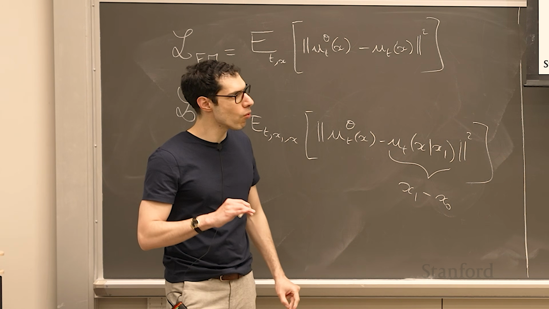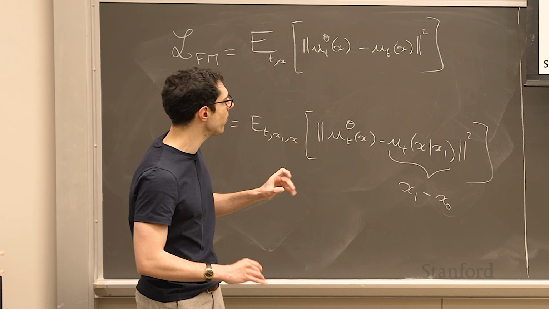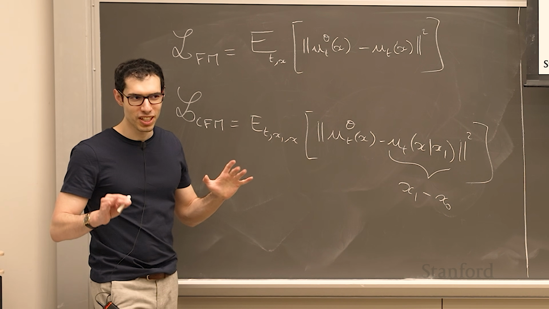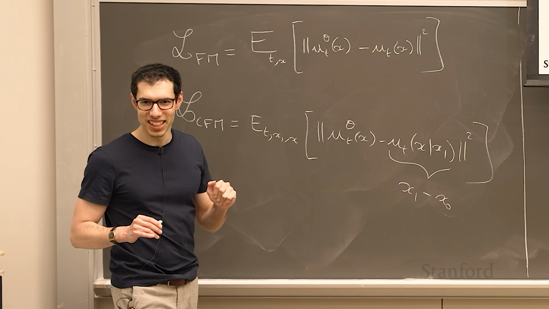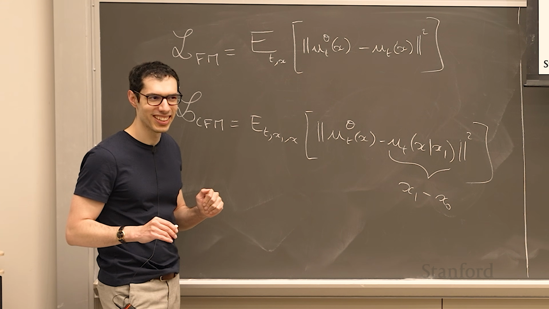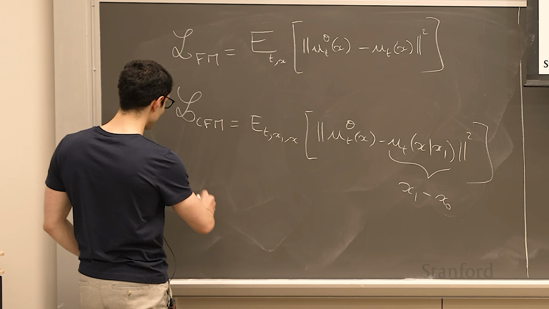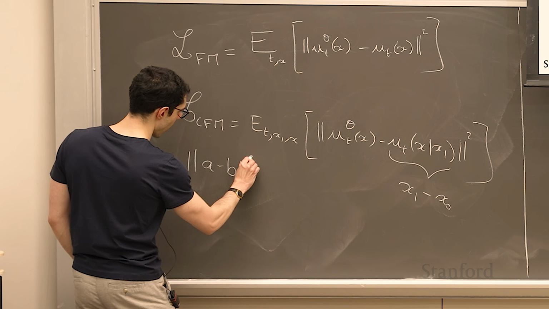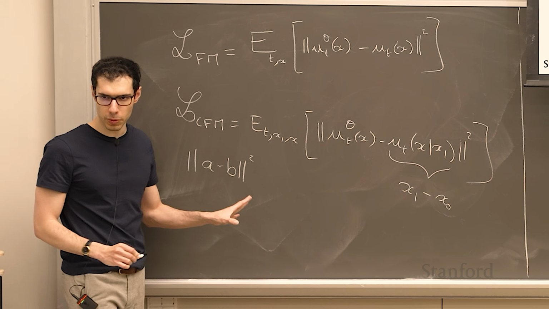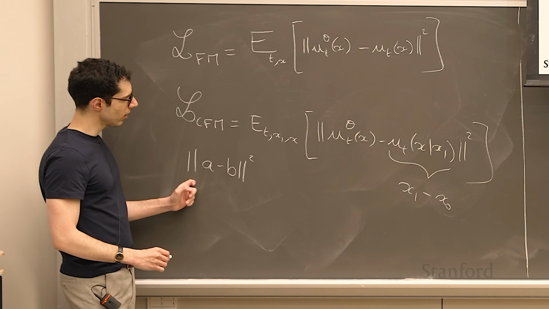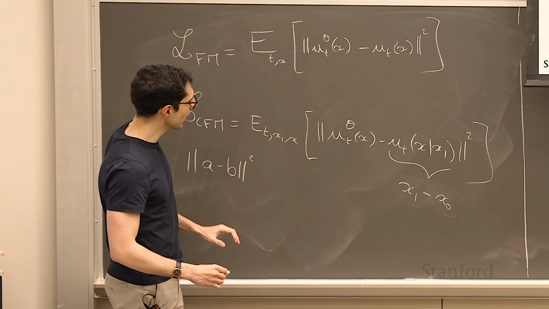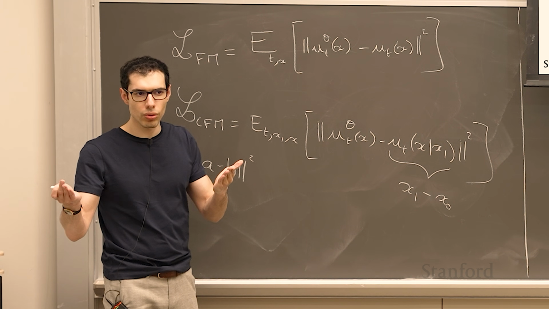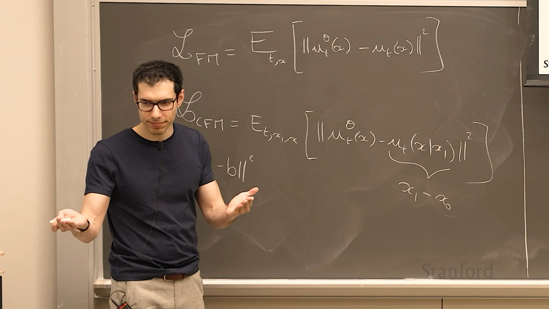OK, so now why is it equivalent to optimize on the flow matching and the conditional flow matching loss? That's another question. If you remember, for score matching we had a very similar question, so I'm going to give you the same trick. Let's assume you have the distance squared of a minus b, which is basically what we have here, and you want to optimize these losses with respect to the parameters of the model theta.